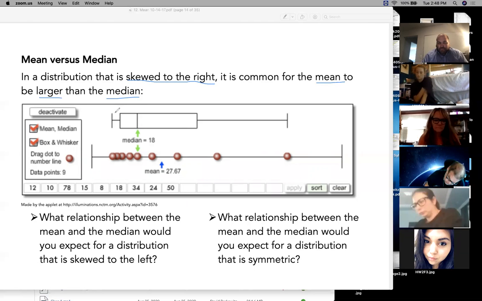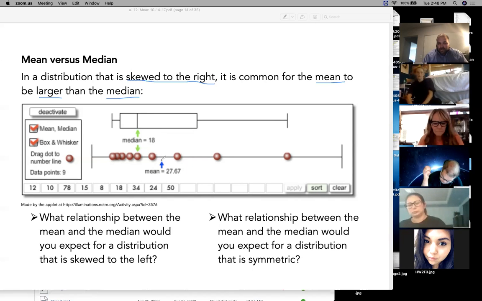In this example, this box plot has the median at 18 and the mean is calculated at 27.67. They did it for us. We don't have to worry about it. Notice how skewed this is.